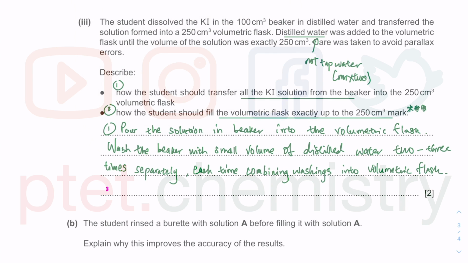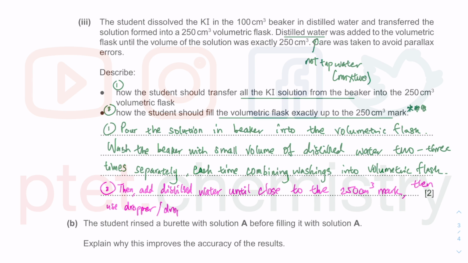How should you fill up the volumetric flask up to 250 cm³ mark? Then add distilled water until very close to the 250 cm³ mark. But that is when you slow down, you no longer pour. Then use a dropper, or you can say use a dropping pipette.